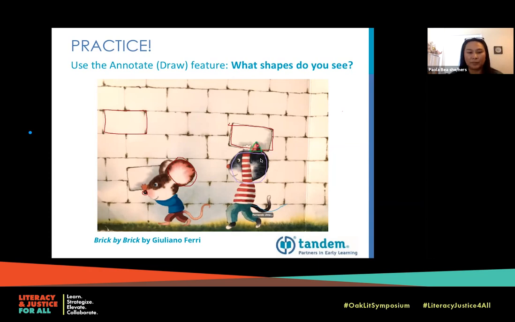Yeah, I'm not sure. Are you seeing any shapes, Yolanda? Yeah, so I see some rectangles up here in the bricks, and some of the participants circled the ears and the head to show circles. Triangle for the ears. We can even find another triangle down here. Okay, what else?